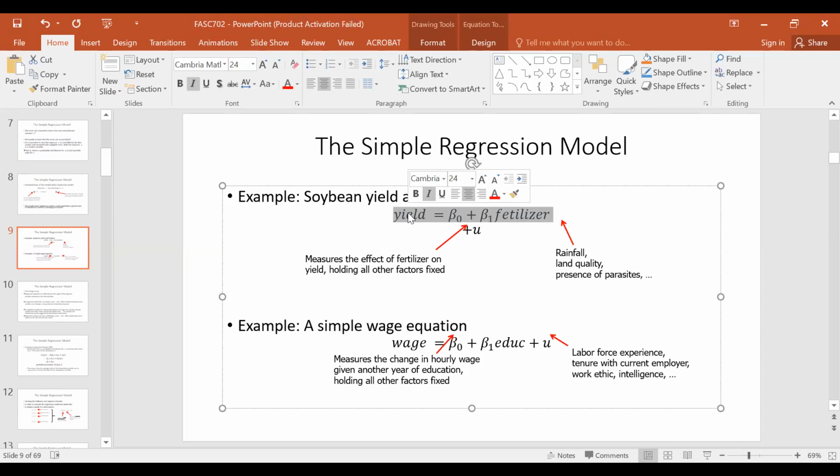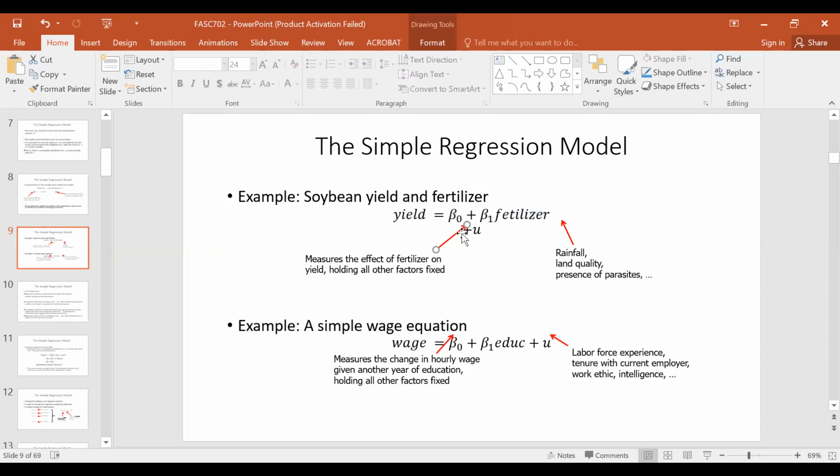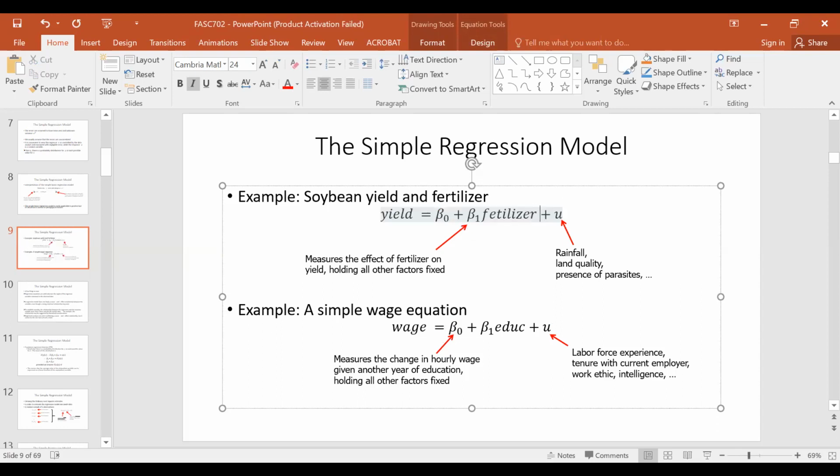This means an exact relationship. If you tell me your fertilizer, I can predict your yield with certainty. But in real life, there is no exact relationship. So this linear, straight line, deterministic model is not adequate to capture the real life scenario.